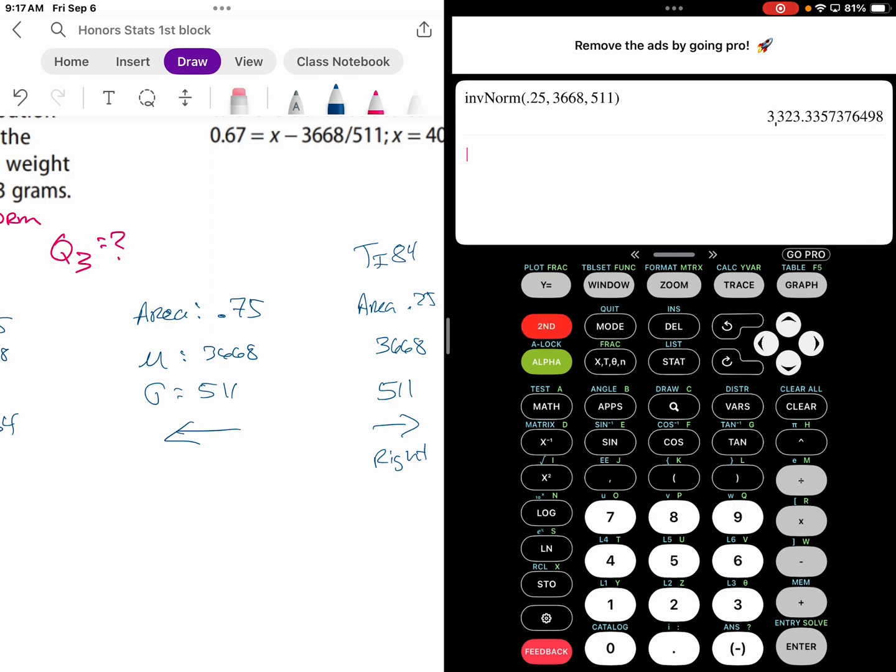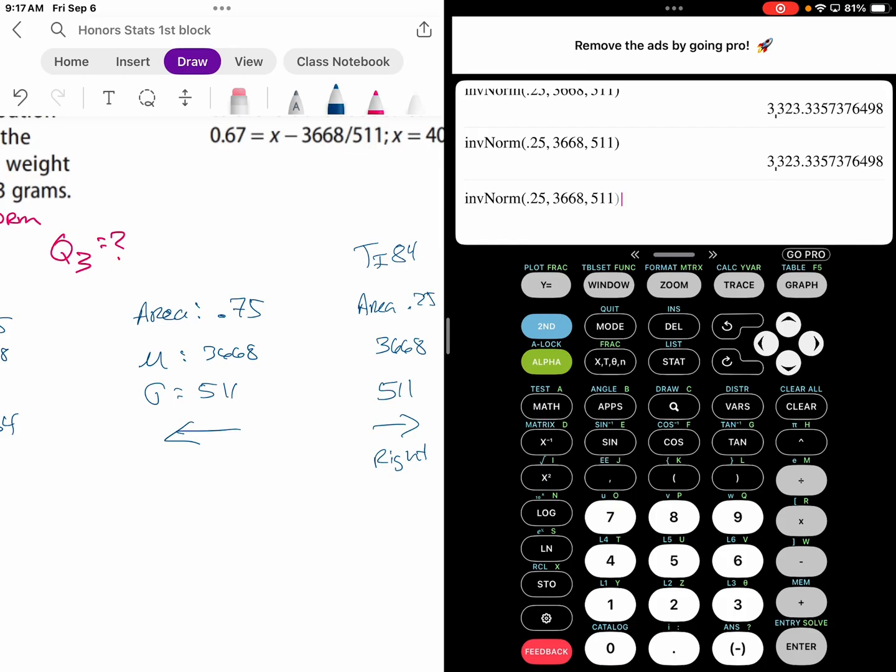So second vars, inverse norm, 0.25, good, it stayed on there, comma 3668, comma 511. Enter. And Mr. Stevens, you doofus. I put 0.25. I should have put 0.75. You guys were concentrating on typing it in, so you didn't notice my boo-boo.